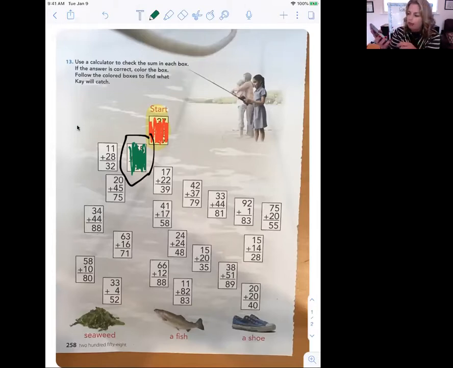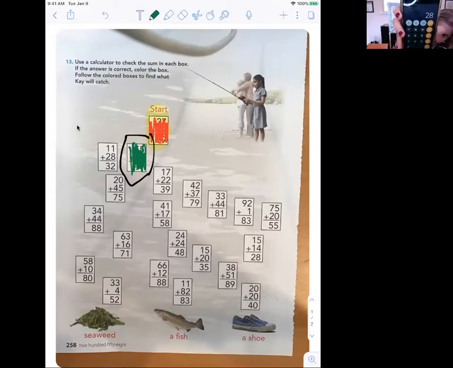Okay, let's do the one next to it. What do I need to do first? I need to clear out, so I press the C to make it a 0. Now let me put in 11 plus what? 28. 11 plus 28.